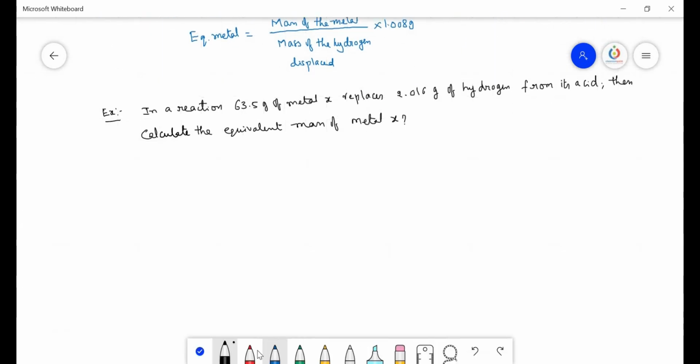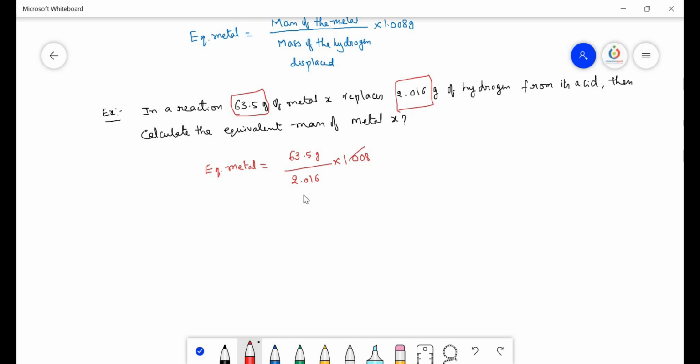Now, according to the given formula, what is to be used here? Simply, equivalent mass of the metal is equal to the mass of the metal, which is 63.5 grams, divided by the mass of hydrogen replaced in this reaction, which is 2.016 grams, multiplied by 1.008.